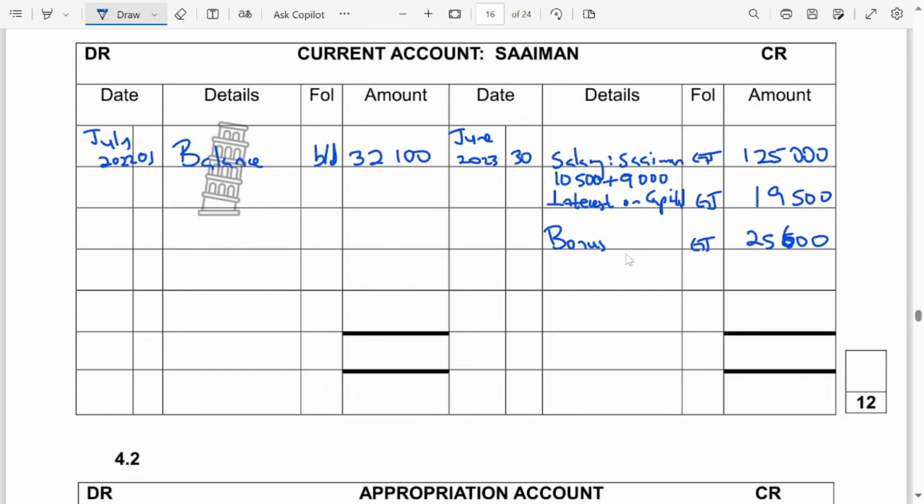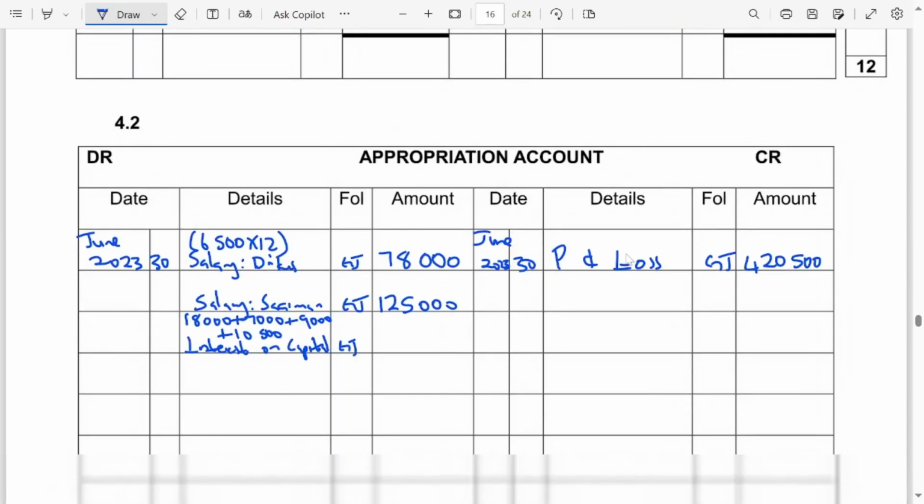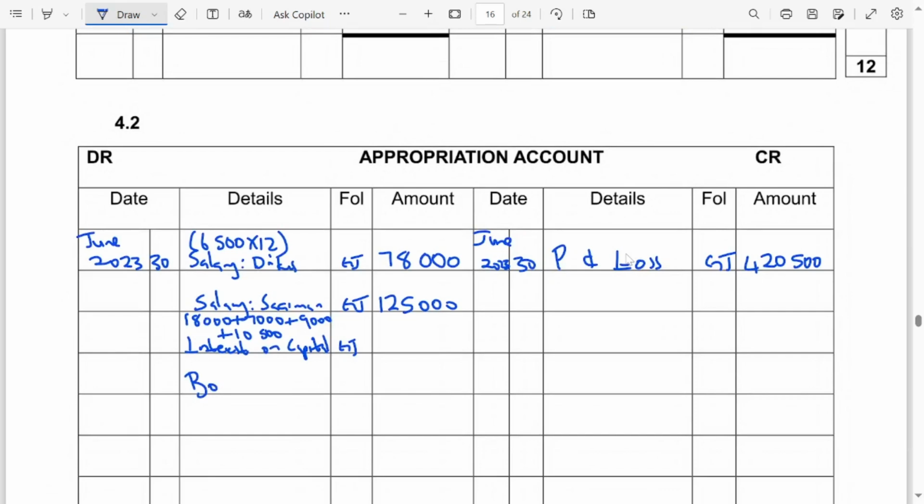And then we also go and record it on the debit side of the appropriation. It's the bonus, 25,600. So let's add this together. This interest. So it's 44,500.